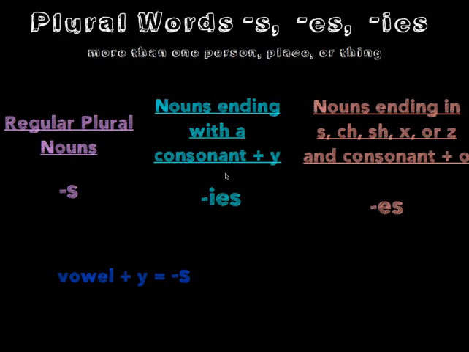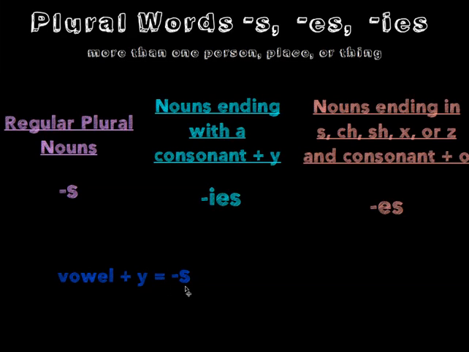Now, notice how I said when a word has a consonant followed by a Y, you change the Y to an I and add ES. Well, what if there's a vowel, then a Y?